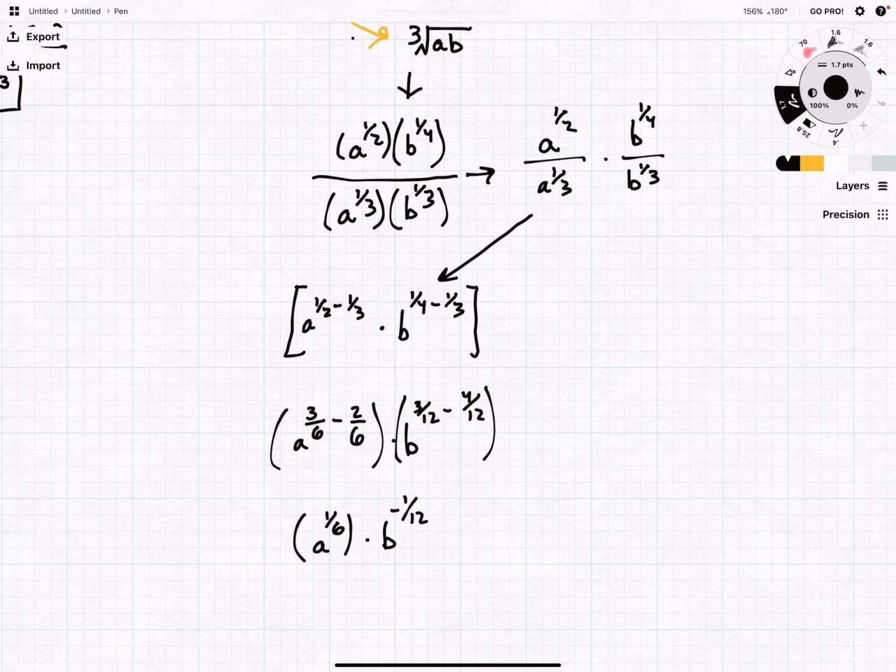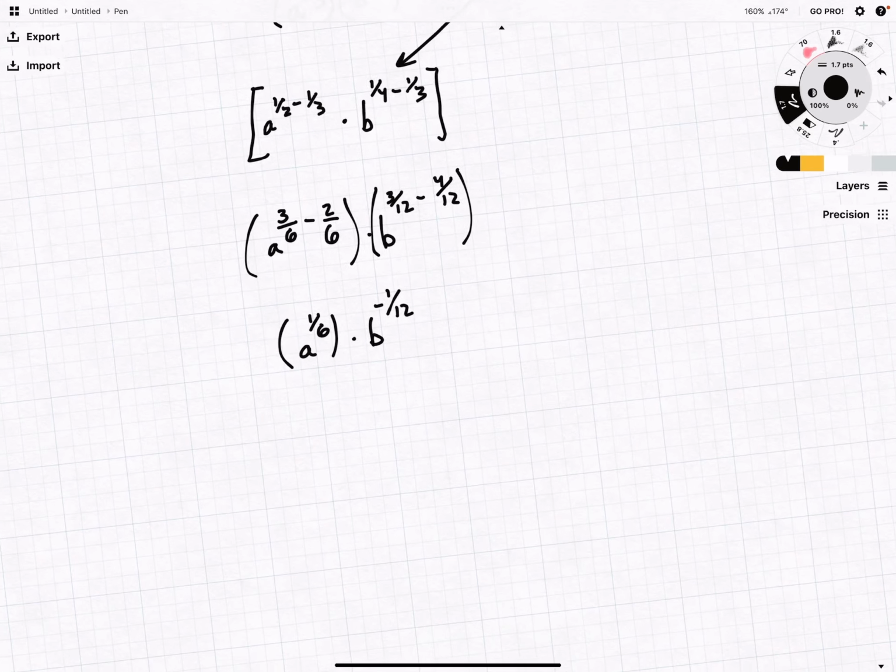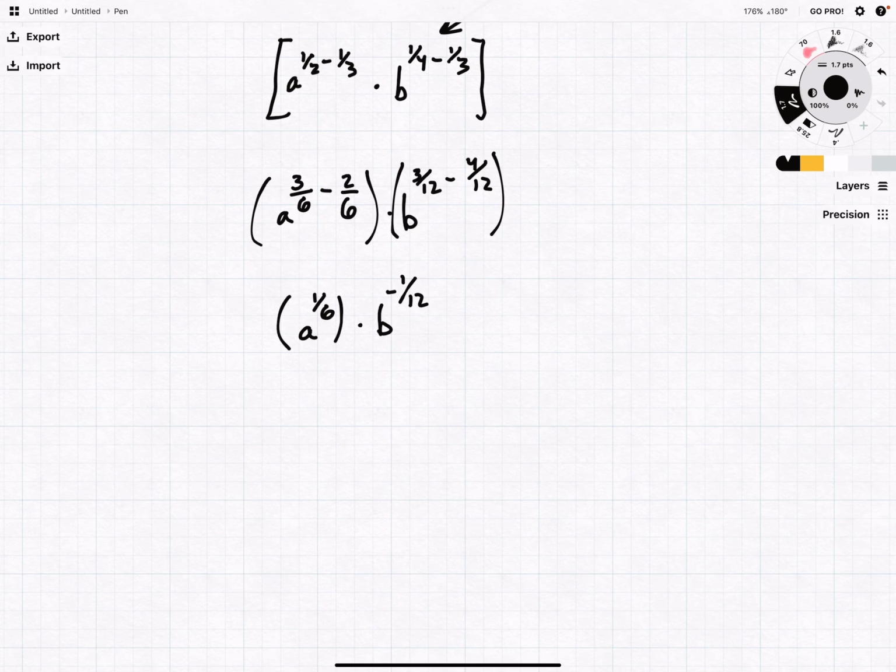And let's see. Just making sure I did all my steps right since there's so much algebra involved, right? So that gives us the 6th root of A over the 12th root of B. And yeah, I'll probably leave it at that.